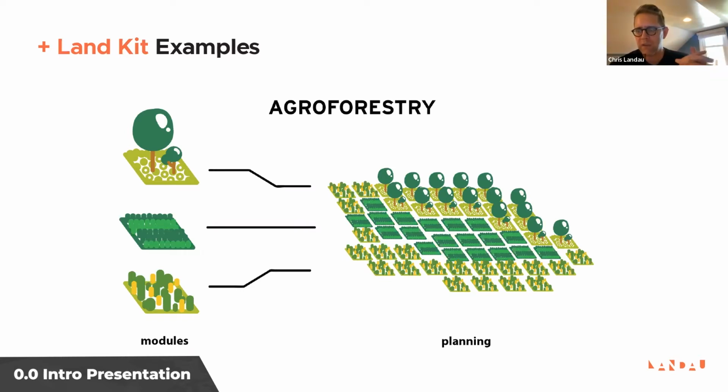You might figure out that you can drive equipment through something that is in a grid, so there are other concerns with an agroforestry design that you don't have in a typical urban landscape design, for example.